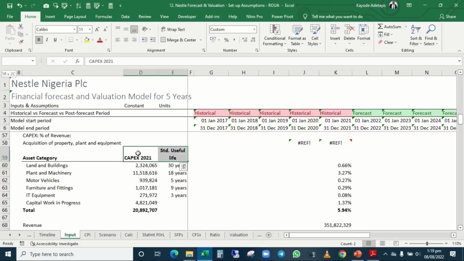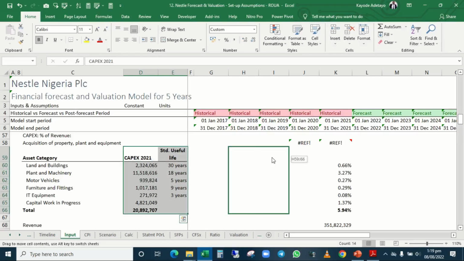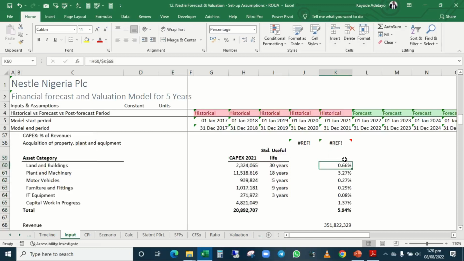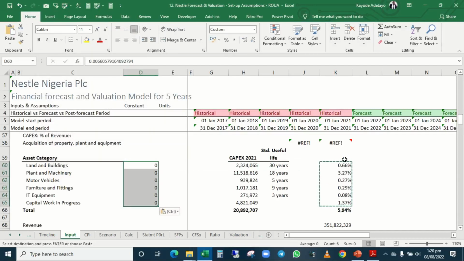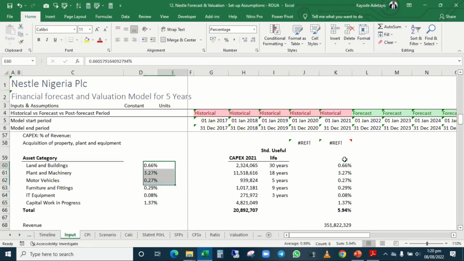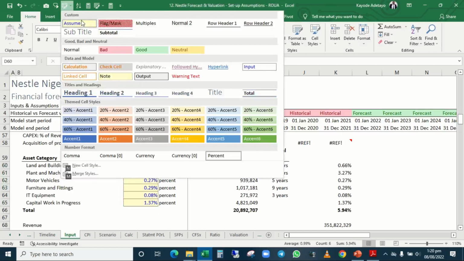For this one, I need to move these ones out, then move this in. All these are percents.